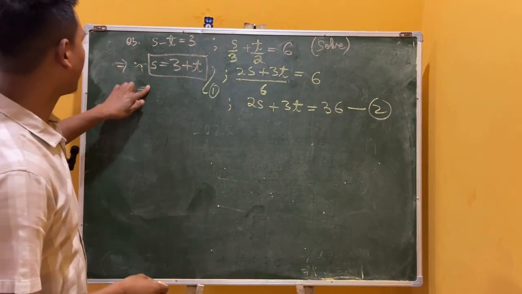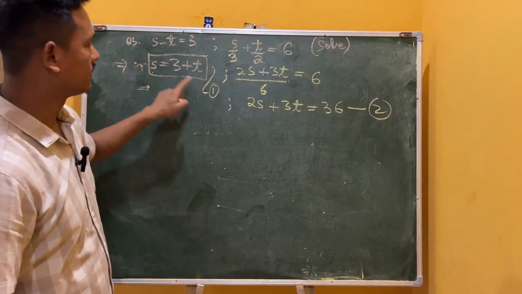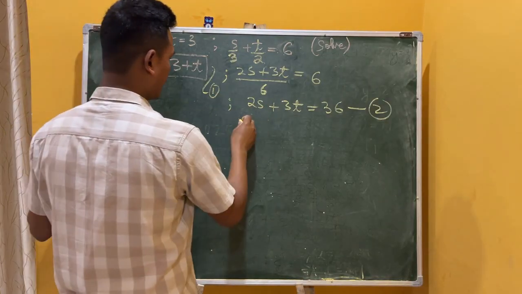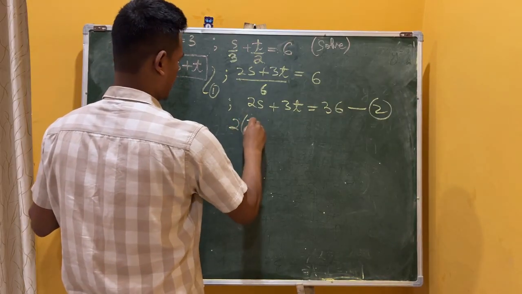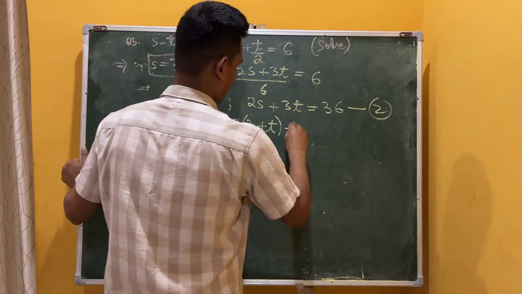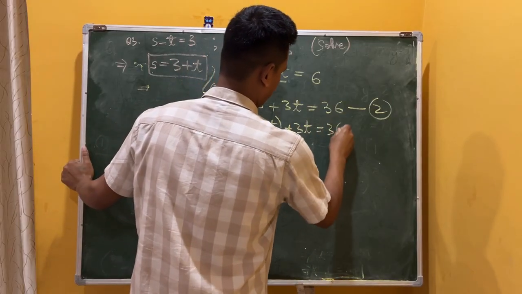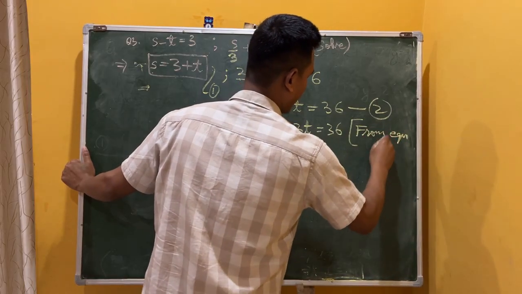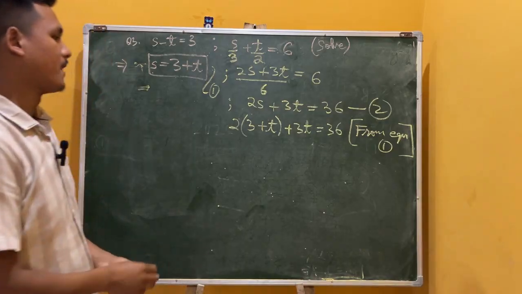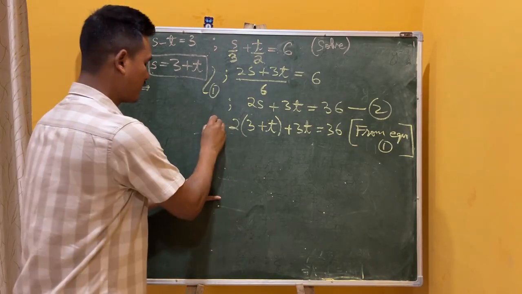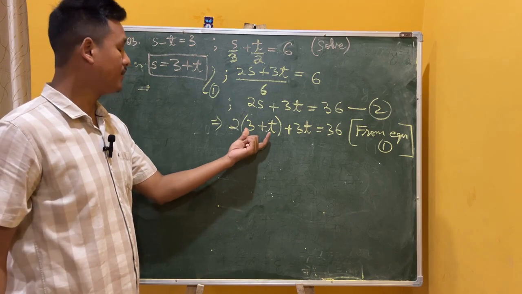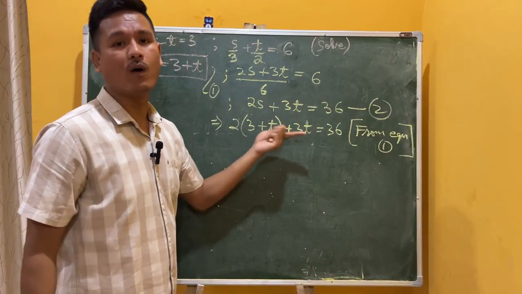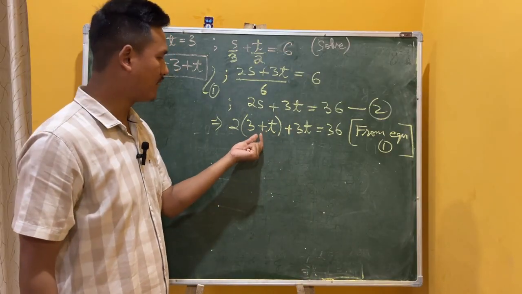So we'll substitute the value of s from 1 to 2 in this equation. So we'll get, from equation 1. I hope you understood. So what happens is, after we substituted the value of s as 3 plus t in this equation, now this equation becomes a linear equation in one variable, that is only t. Now this is very easy to solve, right?